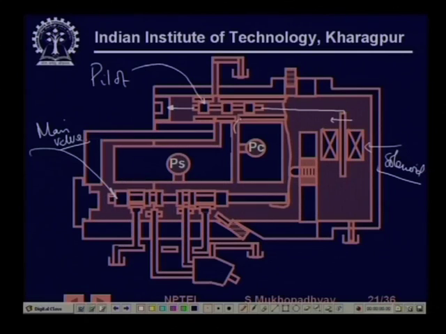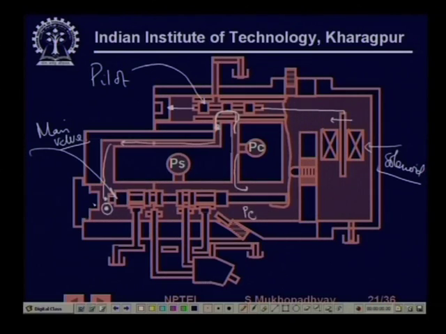So, the control pressure will come and this valve will move to this end. So, the pressure will fall here, come here and create a pressure here. So, you see that here what is the pressure? Here the pressure is PC, but here the pressure is not PC because it has to drop through this valve. So, this is going to be less than PC.